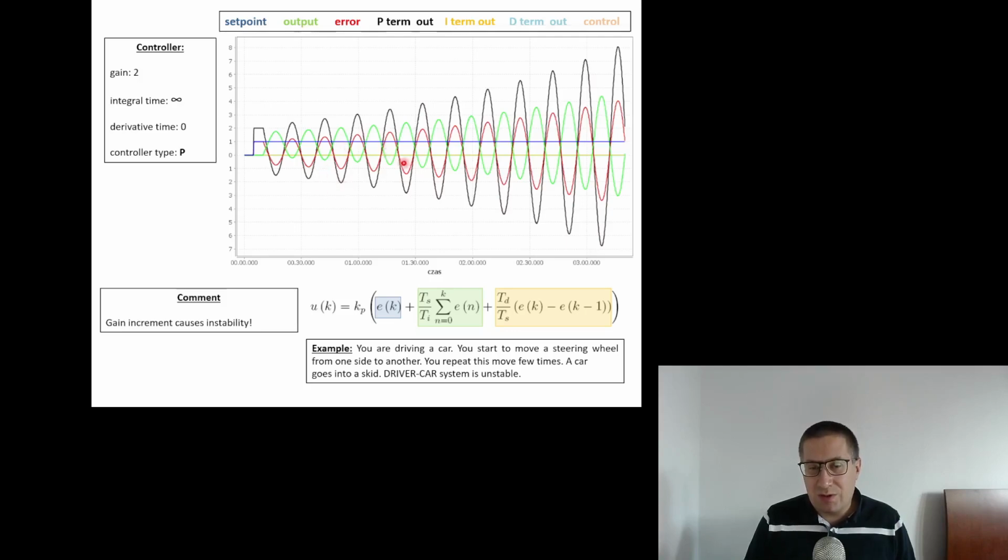So the amplitude of those oscillations gets bigger and bigger over time. So we should really avoid such situations. Those situations are very dangerous, and there should be no such cases in reality.